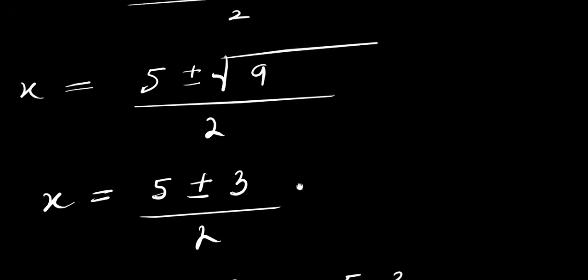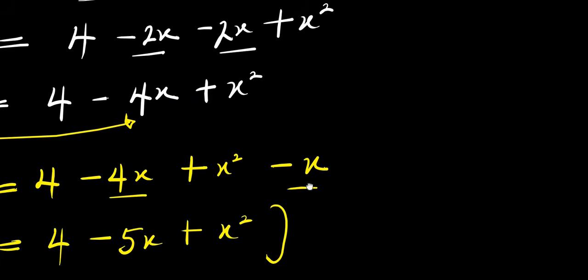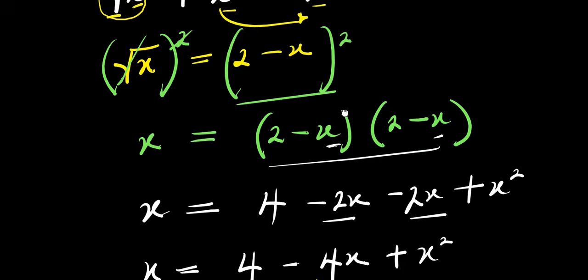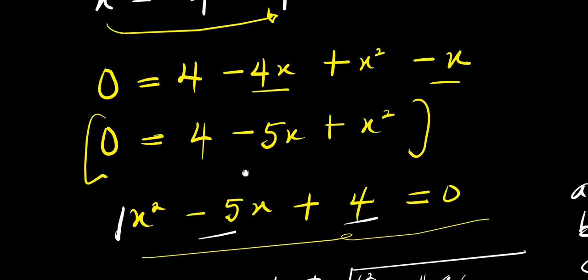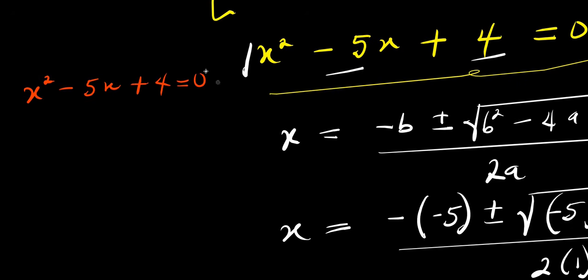Now, that is one way of solving this problem. We can also solve this using the method of factorization. Look at it here. We have x squared minus 5x plus 4 equals 0.